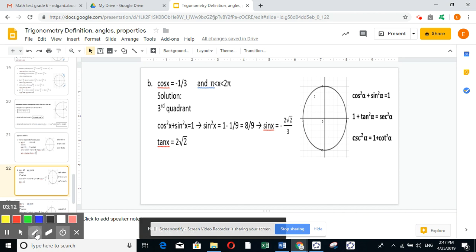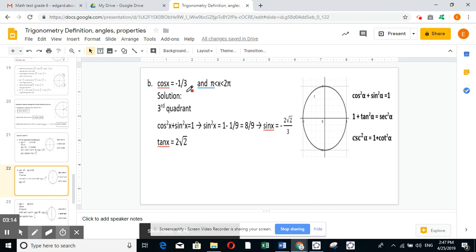Another example: I have cosine x equal to minus 1 over 3 and x between pi and 2 pi. Similarly, it's either in the second or in the third quadrant. They gave us cosine. Cosine x is negative, so I'm here, because here cosine is negative, and here positive. They gave me cosine, so I want to use this one, cosine square x plus sine square x is 1.